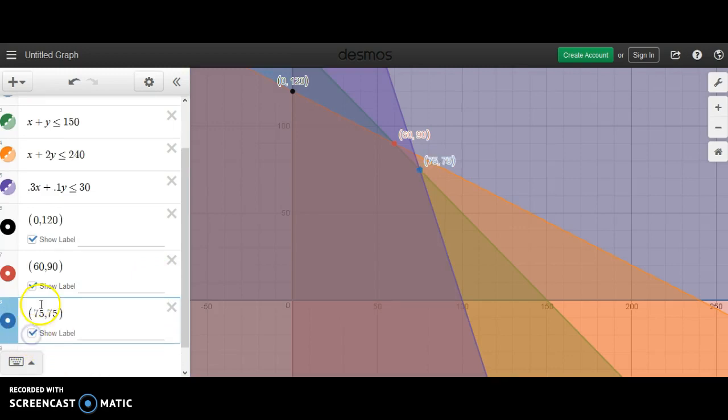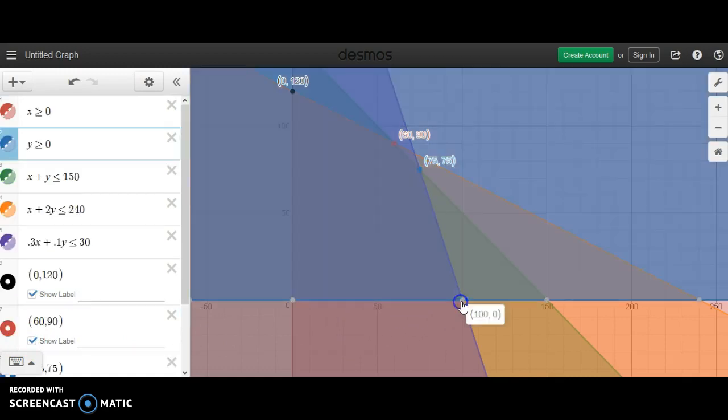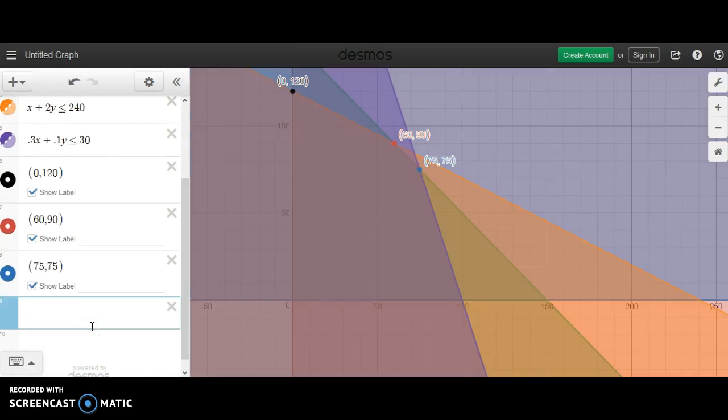And my last one down here is 100 and 0. Those are the vertices that bound this system, with the X value being how many acres of Fuji and the Y being how many acres of September Wonder I should have.